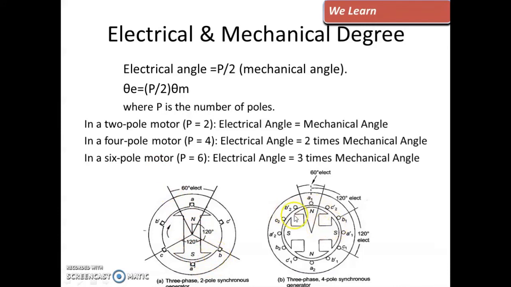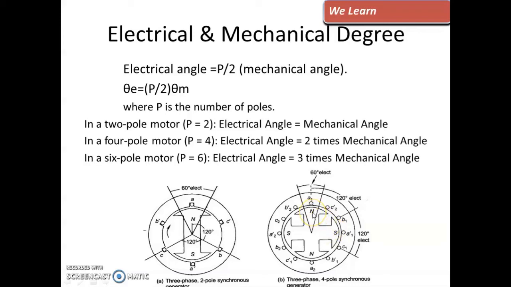But let's try to understand this four pole machine. Now in a four pole machine, if I ask you the mechanical angle between north pole and south pole, you will say that ma'am, it is 90 degree. Yes, the mechanical angle between the north pole and the adjacent south pole is 90 degree. When the conductor travels from north pole to south pole, it will have its half waveform completed, and that is why it will be 180 degree electrical.